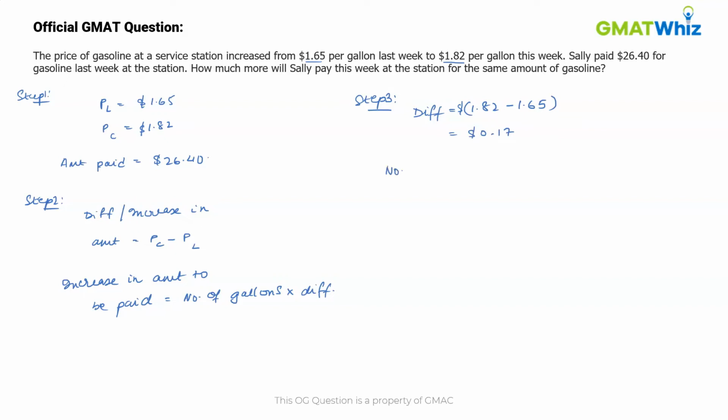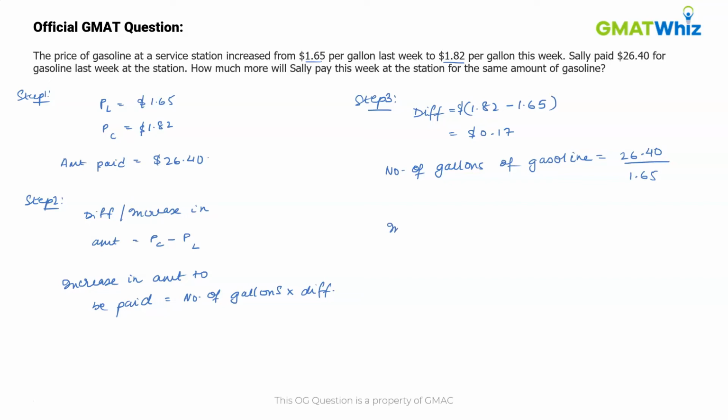Also, the number of gallons of gasoline that Sally purchased last week is equal to the total amount that he paid, which is 26.40, divided by the amount paid per gallon, which is 1.65. Now, do not calculate the value of this expression here as we have to do further calculations.